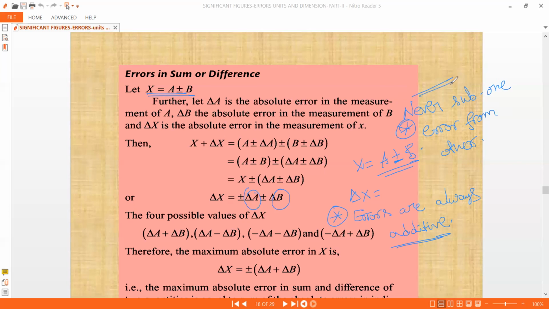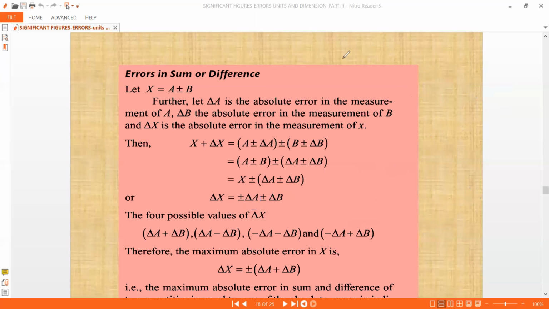So this is the idea. Why I am telling you like this, let me explain with an example. Let us say I am measuring the area of a square, and I have another square connected to this.